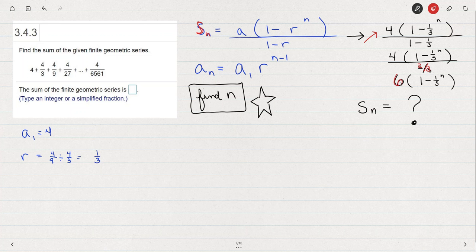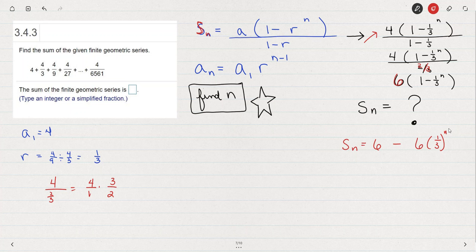Or in other words, if you're needing a review on this arithmetic, it's 4 divided by 2/3. That's the same thing as 4 over 1 times 3 over 2. So 12 divided by 2 is 6. So I get that the sum is 6 times the quantity 1 minus (1/3)^n. Or I could say that it's 6 minus 6 times 1 over 3 to the n, right?